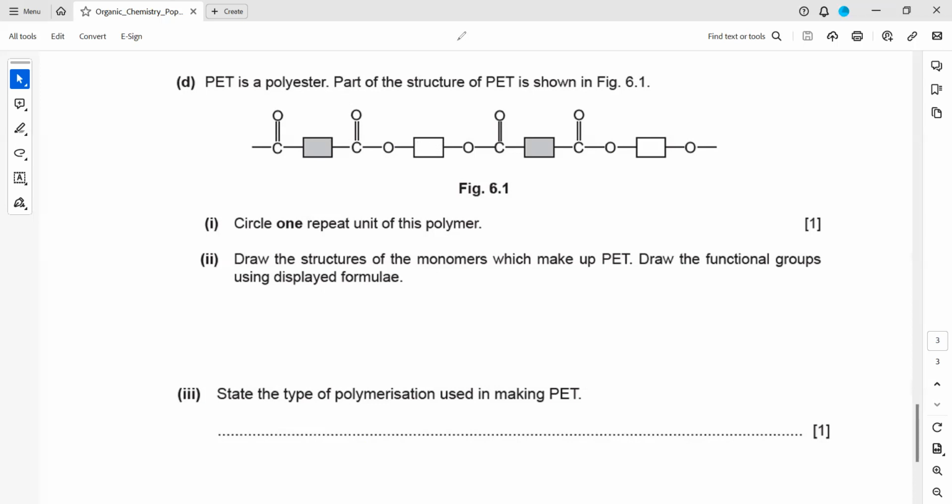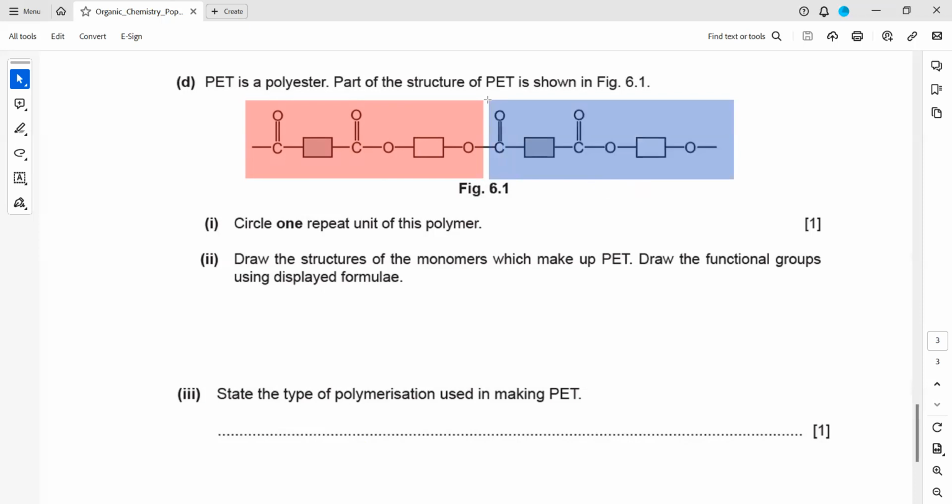If I highlight this part and I highlight the other part, are they identical? Now they're identical, so this is a repeat unit. One repeat unit and the second repeat unit. So we have to circle this part and the second part. We just have to circle one of the parts as one repeat unit, not two of them. Is it clear?